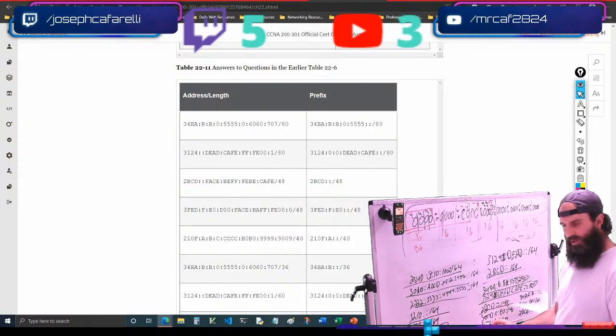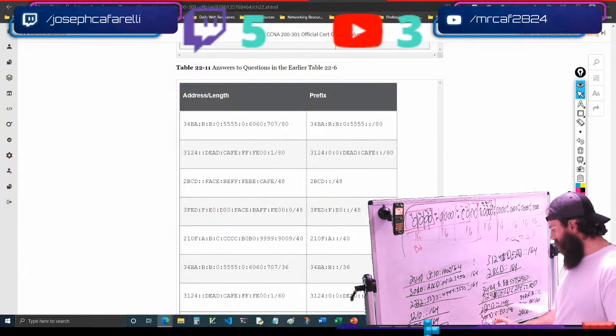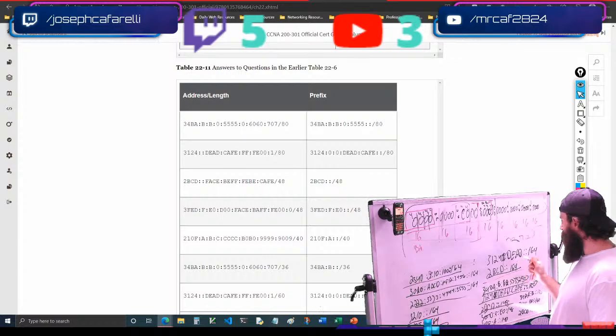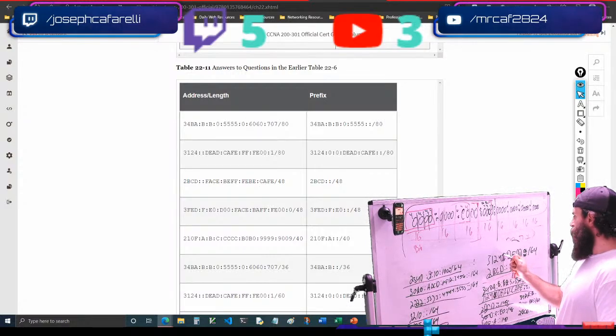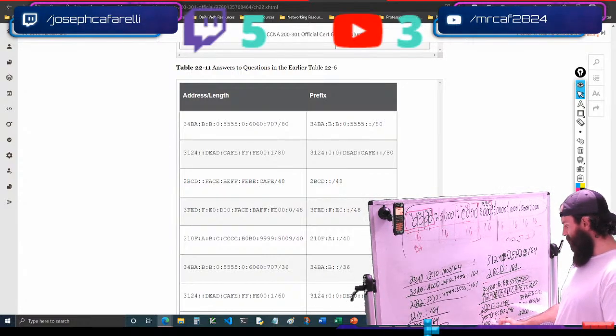Good. So that's one thing I just learned, is we can't be abbreviating out those zeros, even though we're abbreviating out all the other zeros and gathering from the end of that IPv6 address. The reason why we can't be abbreviating out the zeros inside of it is when we're dealing with that subnet ID.